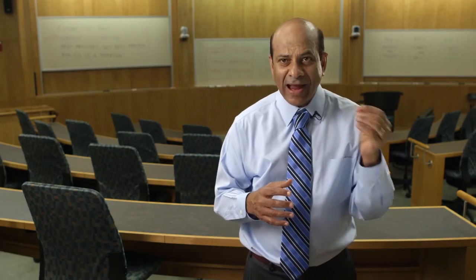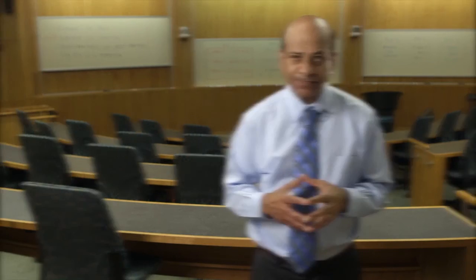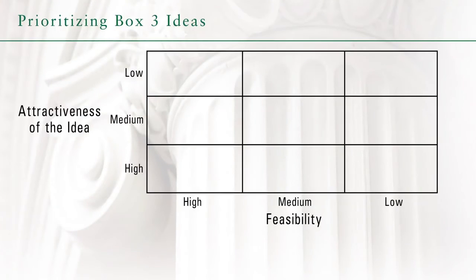What do you do? Then you have to evaluate your ideas by looking at your ability to capture the idea and the market attractiveness using, again, this 3 by 3 matrix. There could be an idea whose attractiveness is medium and your ability to capture it is high.